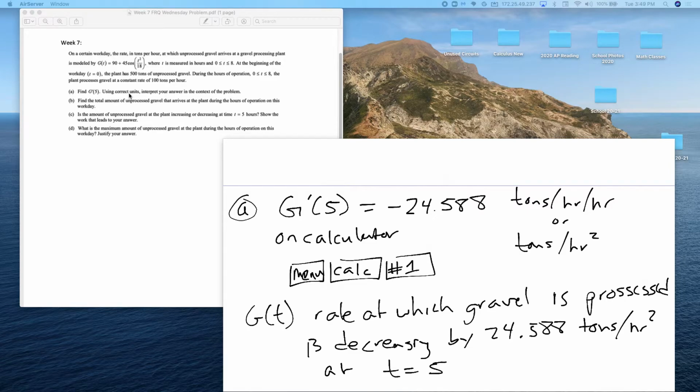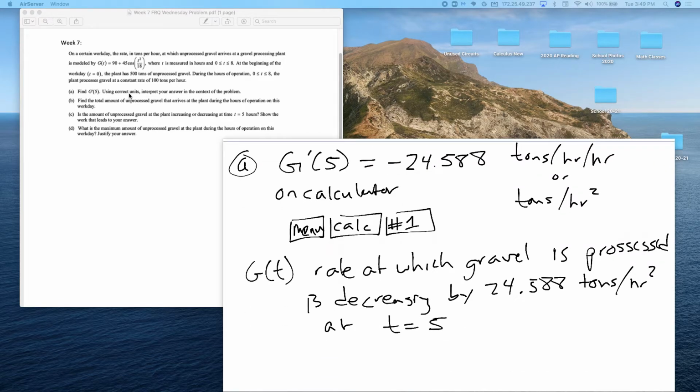So because it's negative, you got to think, okay, negative goes with decreasing. Remember the chart. And then that's how you would end up with that.